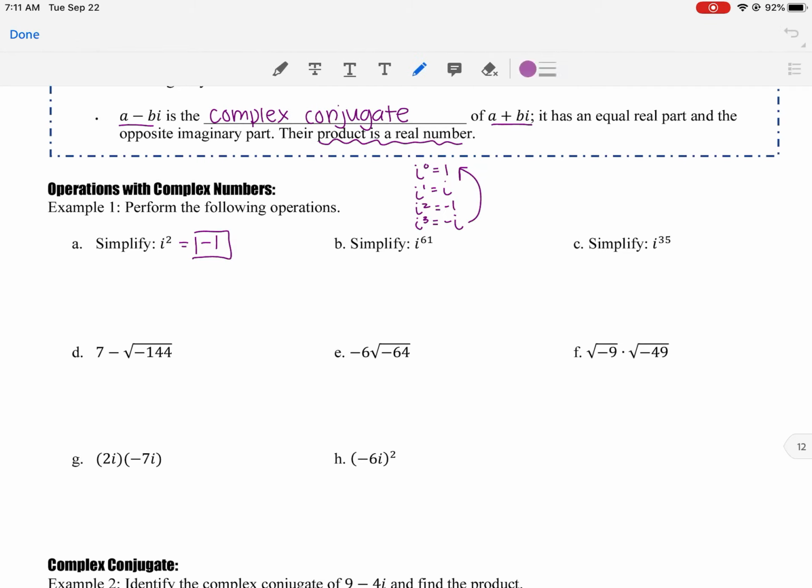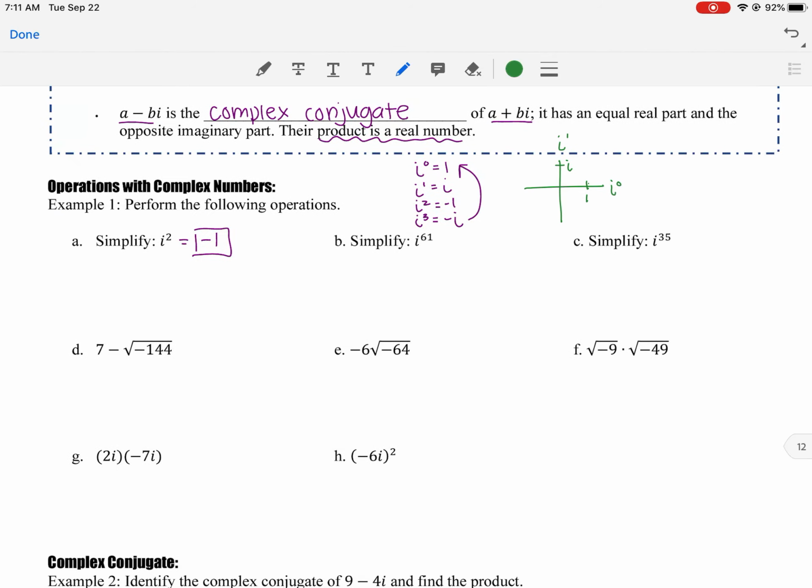The second way to think about it is to say, okay, I can think about it as a graph, kind of our real and imaginary axes. So we start with 1, and this is i to the 0. As you multiply by another i, i to the first is just i. As you multiply again and we get i squared, we get a -1.